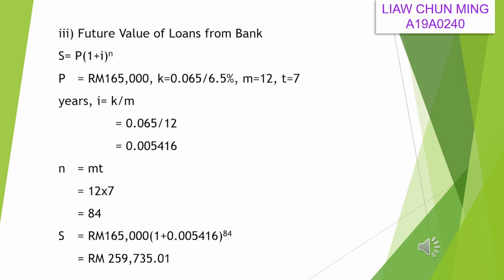For the future value of the loan from bank, we use 165,000 times 1 plus 0.005416 to the power of 84. So we get the total of 259,735 and 1 cent.